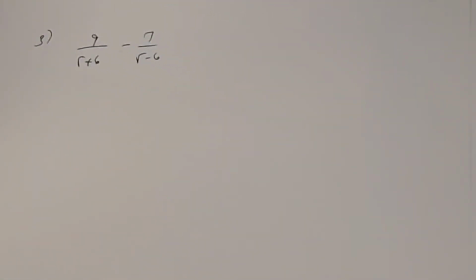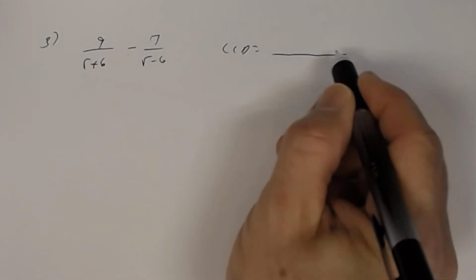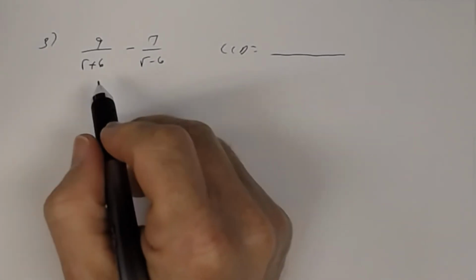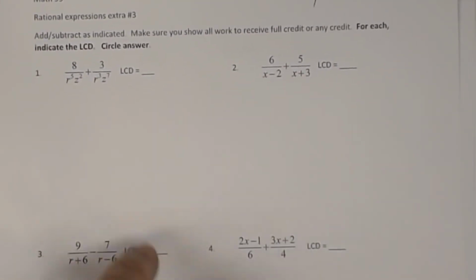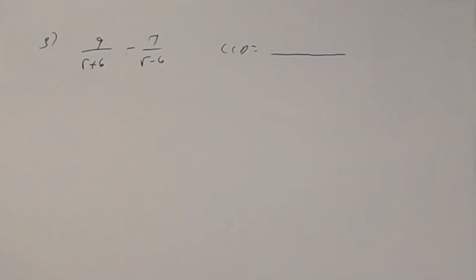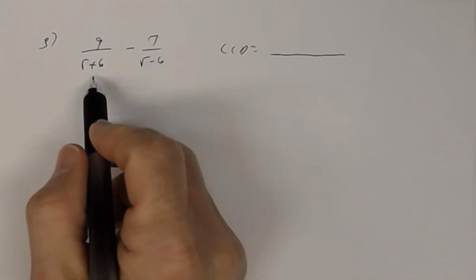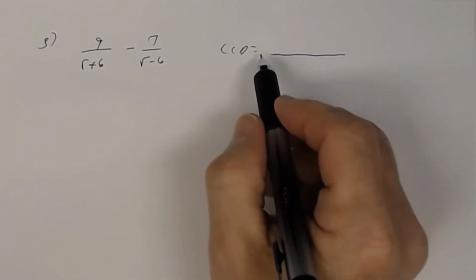All right, and so remember, your least common denominator must include every factor that you have. But to determine every factor, you got to make sure that all your denominators are factored. So in this worksheet, you don't have to worry about that, but in another worksheet you do. So you got to make sure that your denominators are factored. There's not much else I can do with factoring r plus 6 or r minus 6. So therefore I can determine the LCD right away.